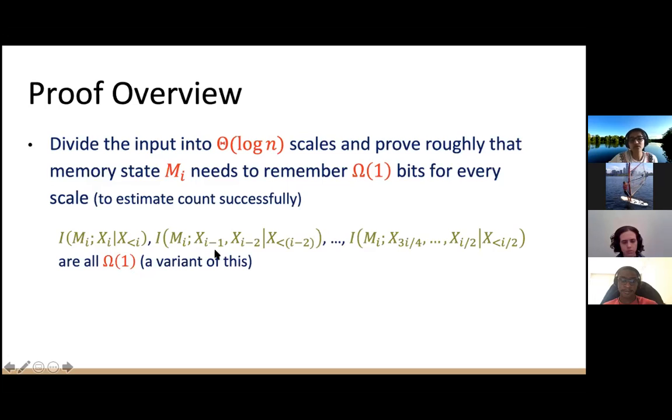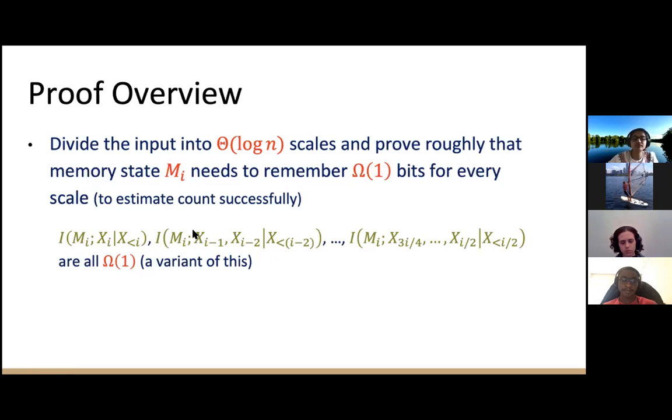And then you look at the previous 2 bits, and you want to say that the mutual information between mi and the previous 2 bits, conditioned on the bits up to the i minus 3 level, is omega 1. And then you look at the 4 bits and then 8 bits before that.